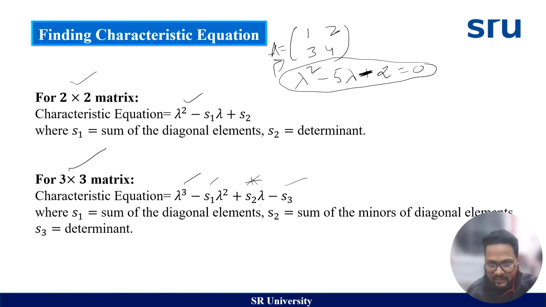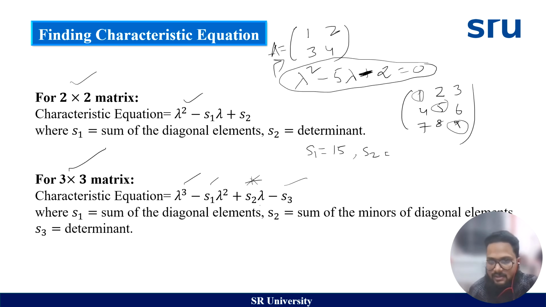So if we take one again 3 by 3 matrix, 1 2 3 4 5 6 7 8 9. Here s1 is nothing but the sum of the diagonals, which is 1 plus 5 plus 9, which is 15. Now if you find s2, this is the important thing, the sum of the minors of the diagonals. If you take the diagonal elements 1, 5 and 9, then what are the minors?